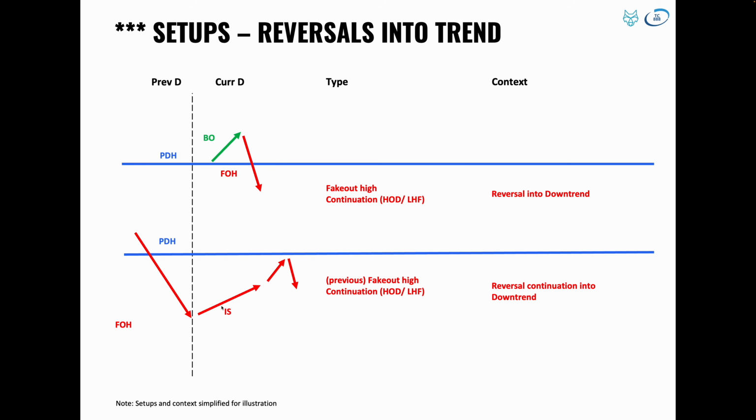So this might pull up again, as we just discussed, and then Trend Predator shows you reversal continuation into downtrend as context. And for the setup, you want to see previous fake out high continuation either on the high of the day or then in a breakout situation as low hanging fruit.